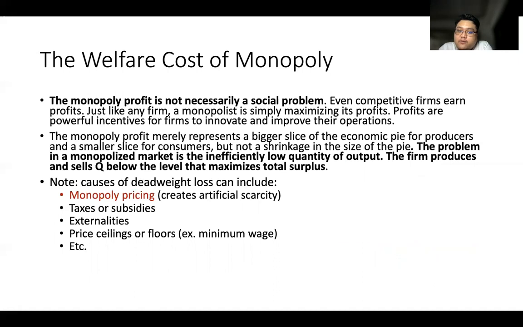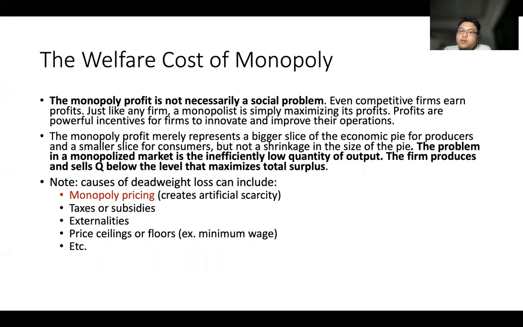Profits are powerful incentives for firms to innovate and improve their operations. The monopoly profit merely represents a bigger slice of the economic pie for producers and a smaller slice for consumers, but not a shrinkage in the size of the pie. That's why it was described as an artificial scarcity.